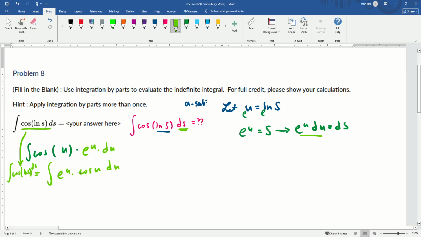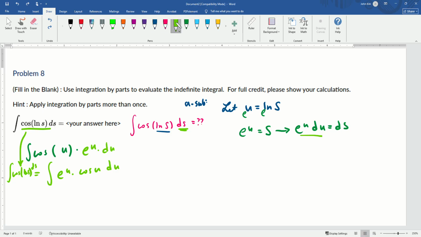From here, we're going to have to integrate by parts now. How do we integrate by parts? Well, let's label them. I'm going to rewrite it first.